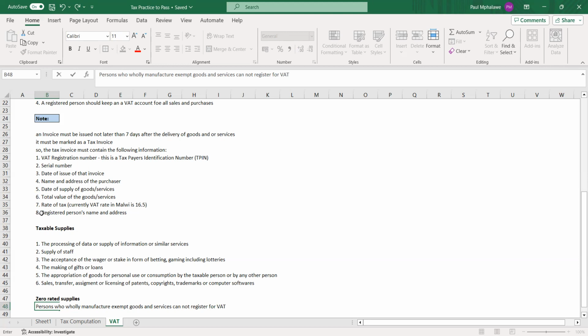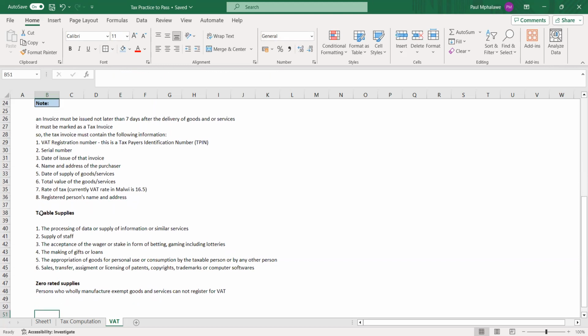So it doesn't make sense when you supply exempt goods, then you register for VAT. You must not register for VAT. So we shall see what are those exempt goods and services.